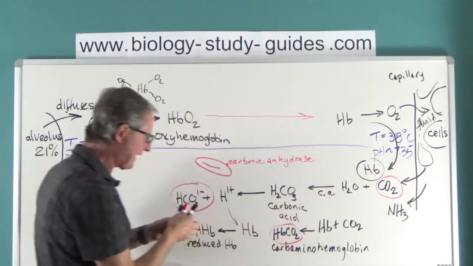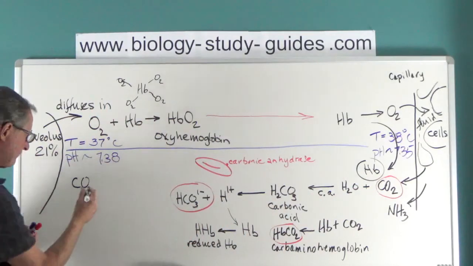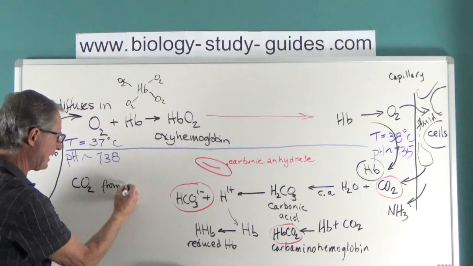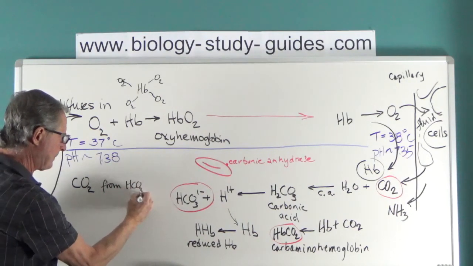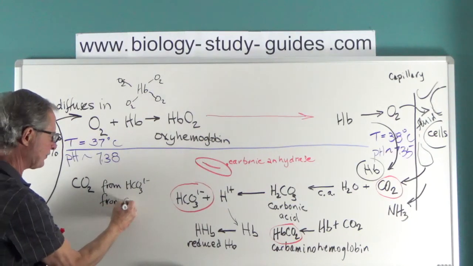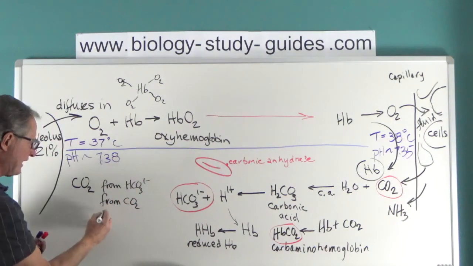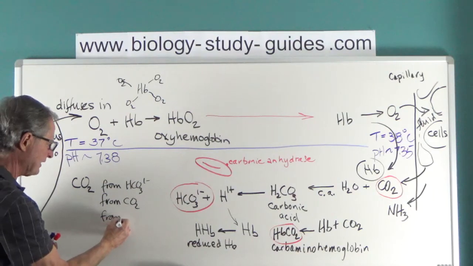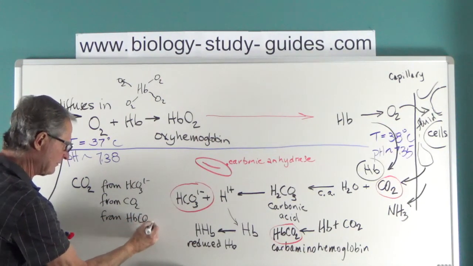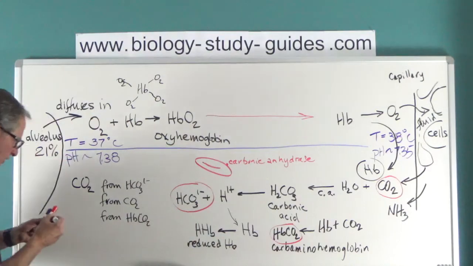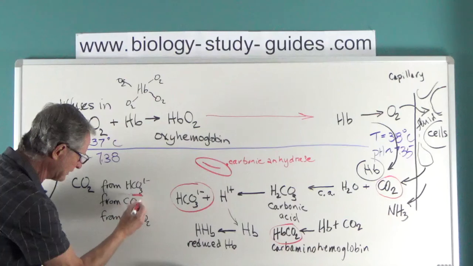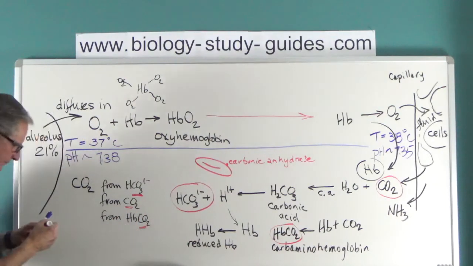It got transported back as a gas. So carbon dioxide comes from the bicarbonate ions, the carbon dioxide that was transported as a gas itself, and also the carbon dioxide that gets transported by the hemoglobin, the carbaminohemoglobin. So these are the sources of carbon dioxide right there, there, and there.